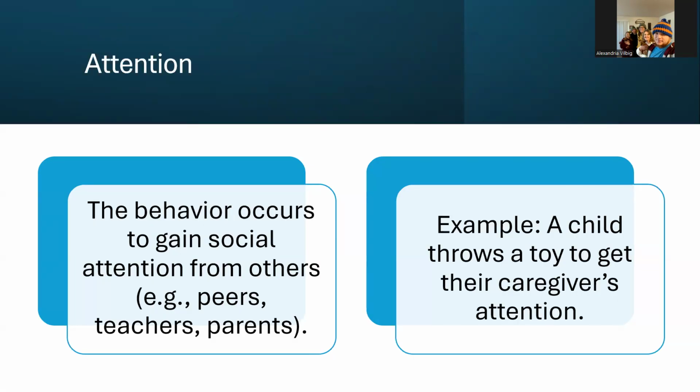The first function, attention, usually occurs when we want to gain social attention from others, such as our peers or our parents. An example of this would be a child throws a toy to get their caregiver's attention. I've had kids before, they test boundaries, and the function of that is to get attention.